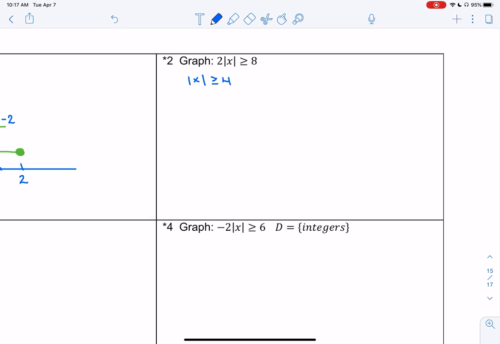I'm going to break it into two statements. The first one is just as I see it, x is greater than or equal to 4. The second one, I flip my sign in the middle, flip my symbol, and I also change to a negative. So I'm going to have my number line go from -4 to +4.